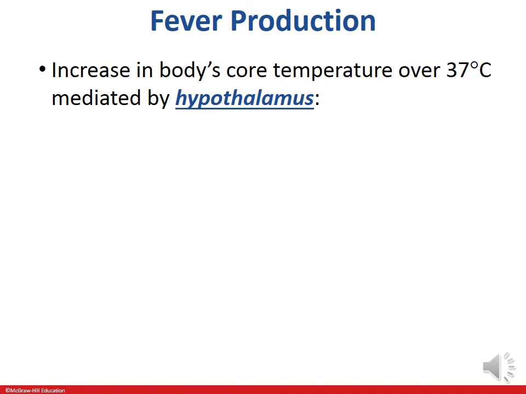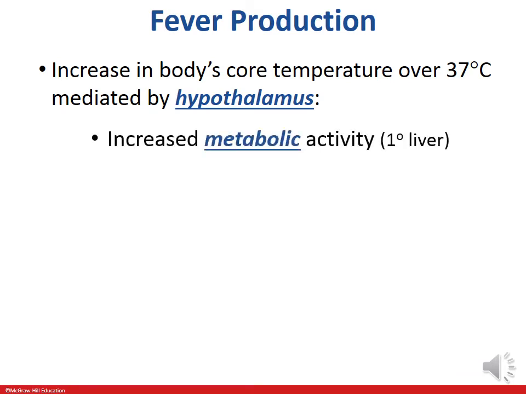And so how fever is produced in the first place is when the hypothalamus sees those pyrogen molecules, it will trigger the liver to ramp up its metabolic activity. Recall that every chemical reaction releases a little bit of heat. So by asking the liver to do a little more chemical metabolic activity, it's going to help raise the body temperature.